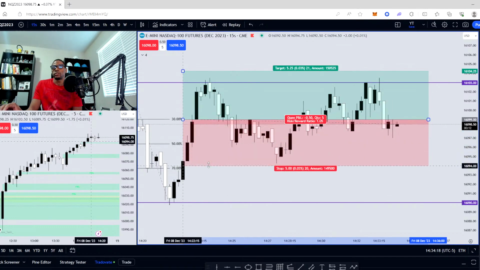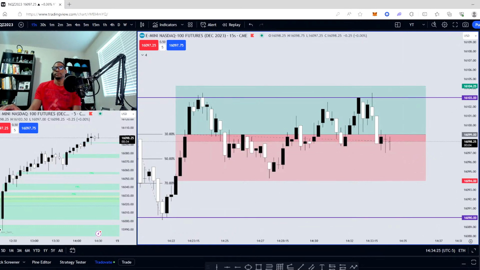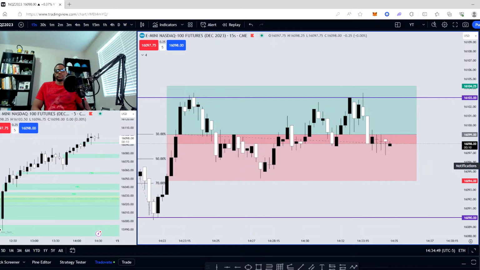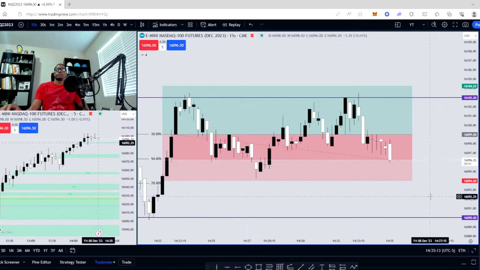But if I extend it back out to where it was, let's see, for anyone who didn't move their stop loss but entered at 30%, let's see where this trade ends up. Back over to the 30-second.